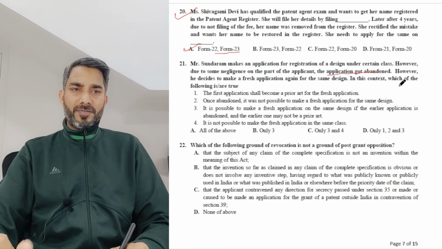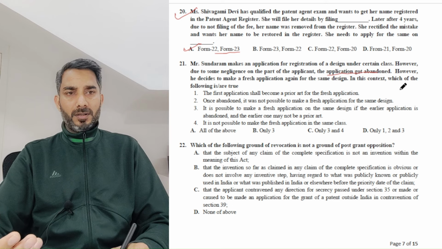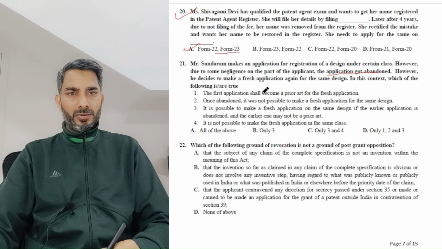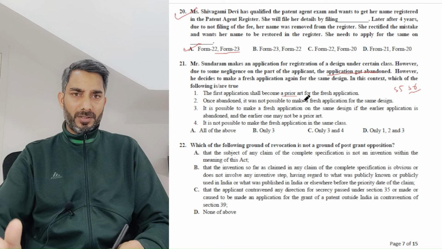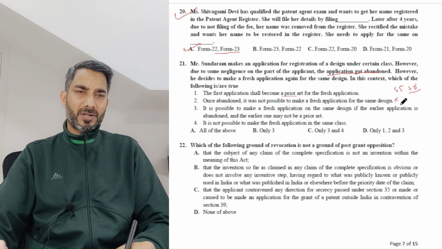See, a proprietor can file the same design on other articles in other classes also. So it doesn't become a prior art as per section 5 and 6. That's for sure. Once abandoned, it was not possible to make a fresh application for the same design. No, you can for another article, right?